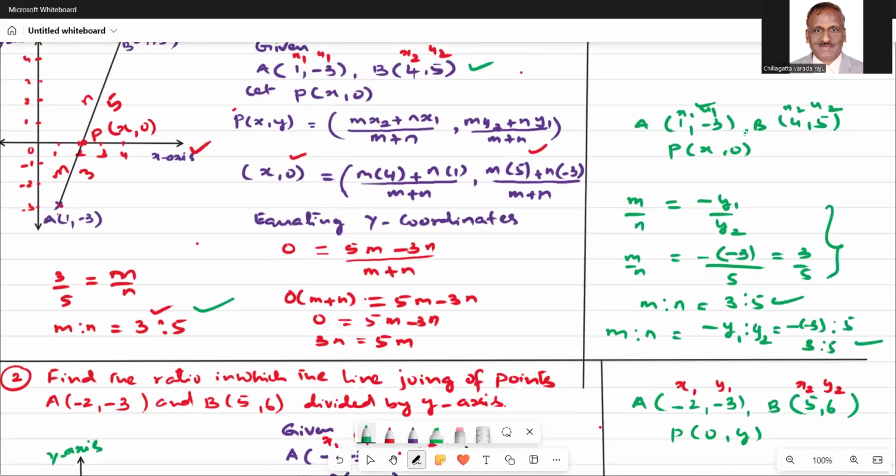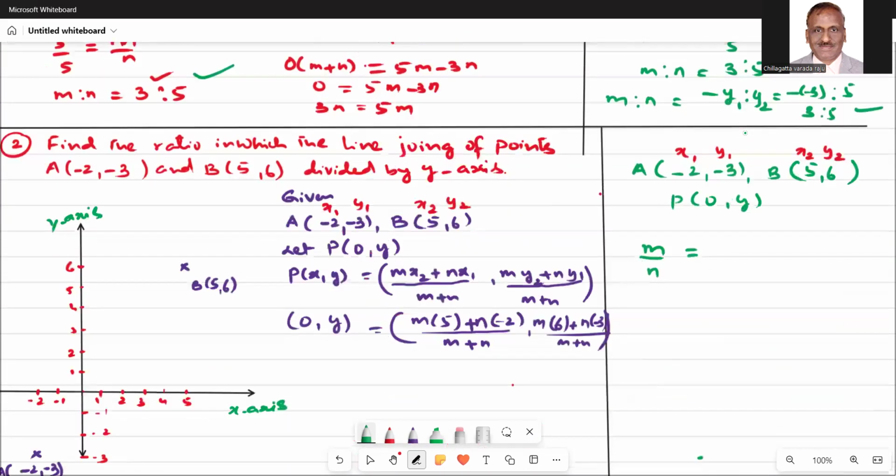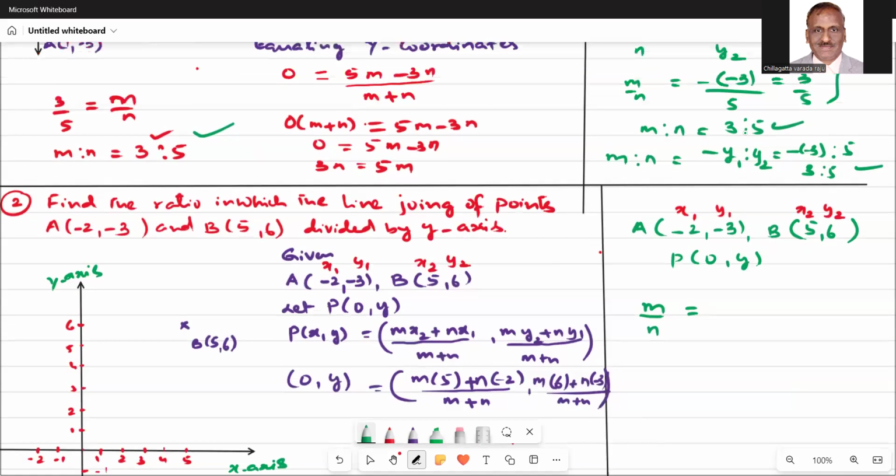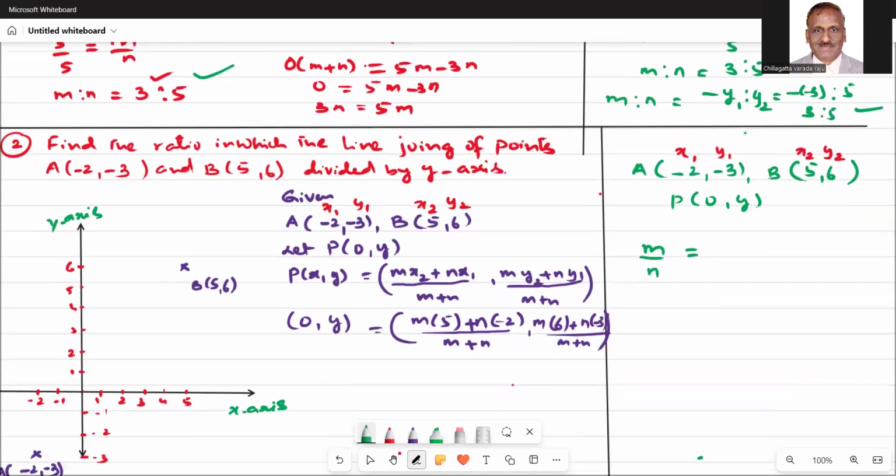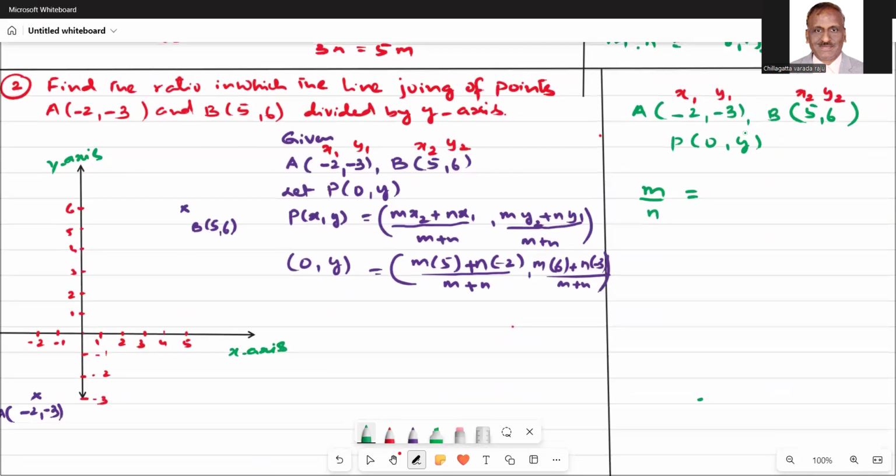Okay, a similar question. One more question I have taken. The next question is: find the ratio in which the line joining points A minus 2, 3 and B 5, 6 is divided by the y-axis. In the previous question, it was divided by the x-axis. Now the line joining the 2 points is cut by the y-axis. What are the points given to you? I already plotted them in the graph.